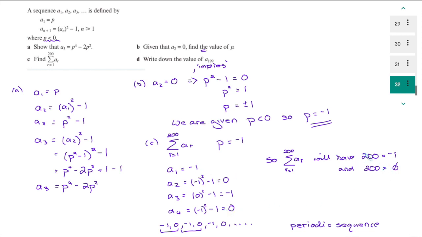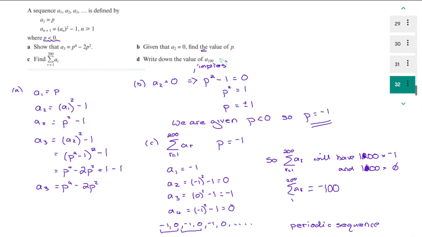For heaven's sake, I think we've done enough now, because my brain's gone. I'm going to rub that out. We've got 100 of each, so that sum will equal, well, all we're going to have is -100.